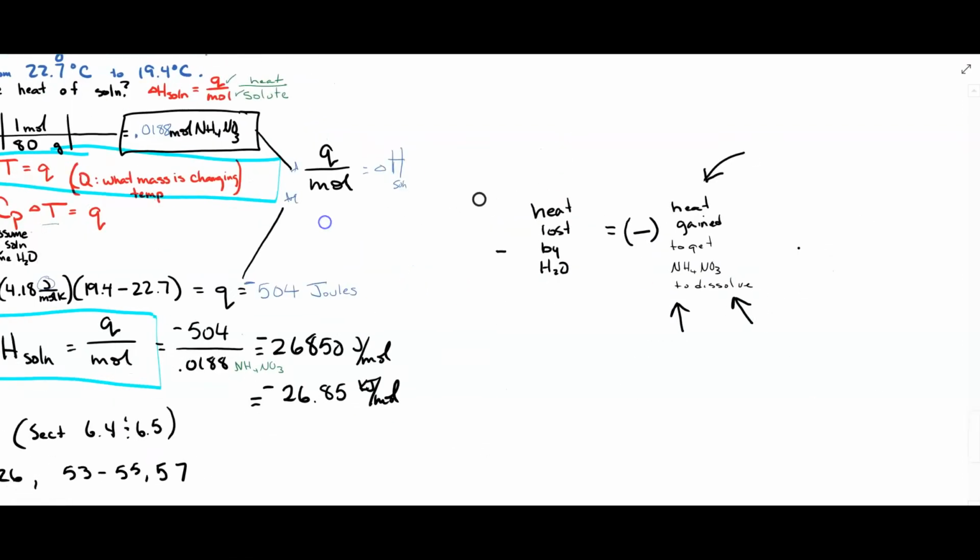So we said this was negative 26.85 equals the opposite of negative 26.85. The opposite of a negative is a positive 26.85 kilojoules per mole for the heat of solution for ammonium nitrate.